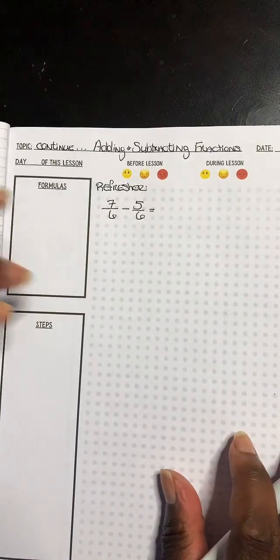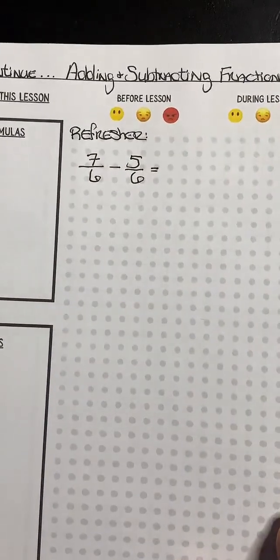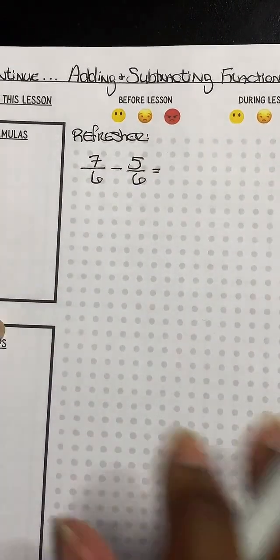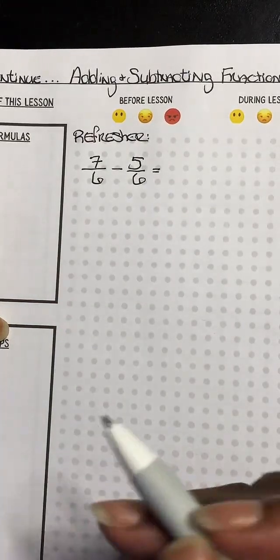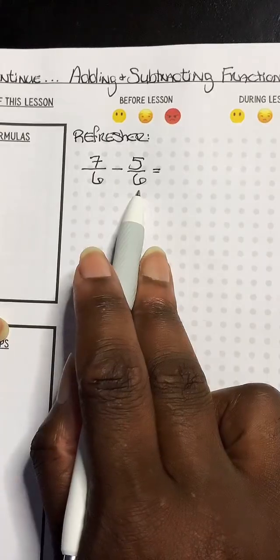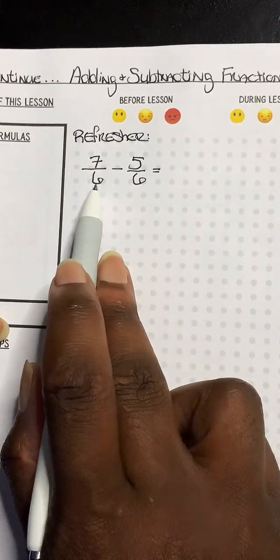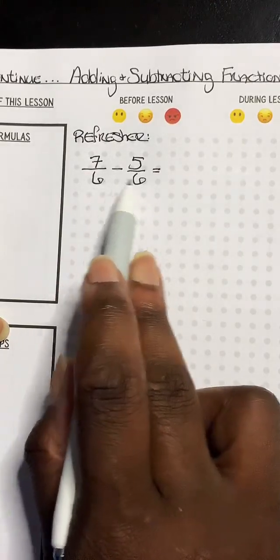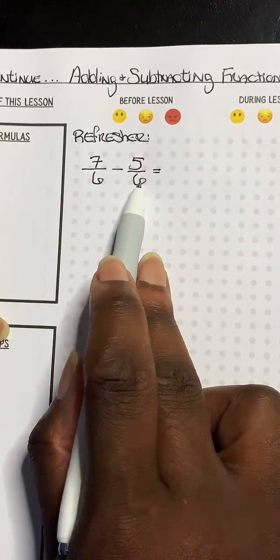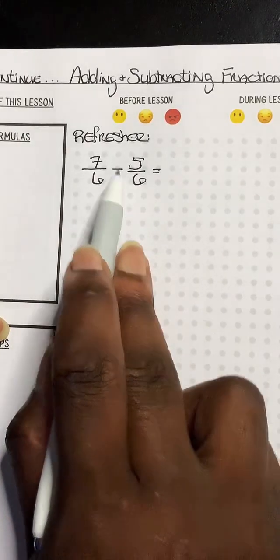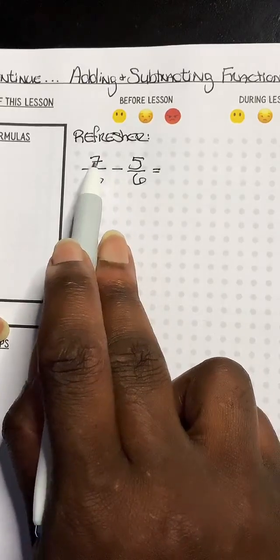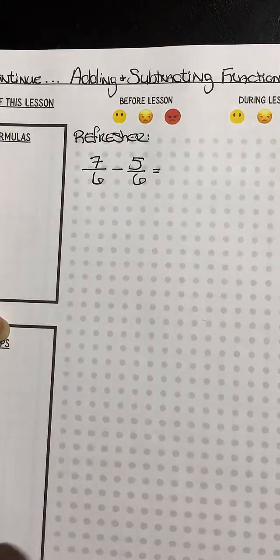Now, this is the part that a lot of people generally keep forgetting. When you are adding and subtracting fractions, you have to have what's called a common denominator. So if they both already have the same denominator, you do not do this operation to the denominators. The operation will go to the numerators.